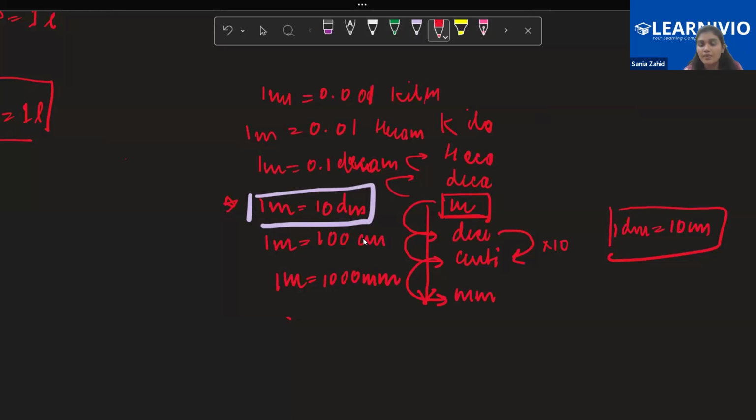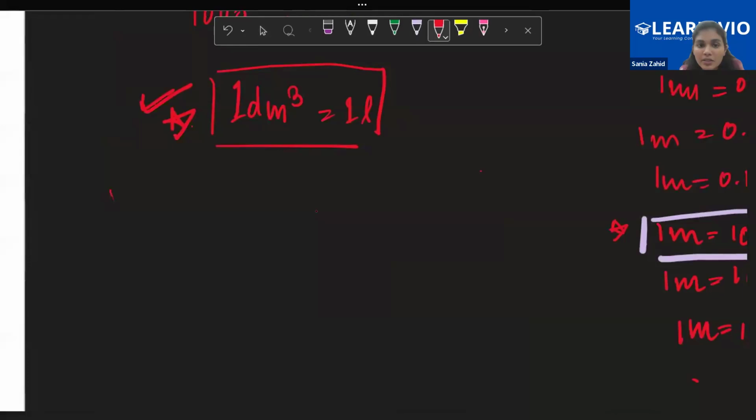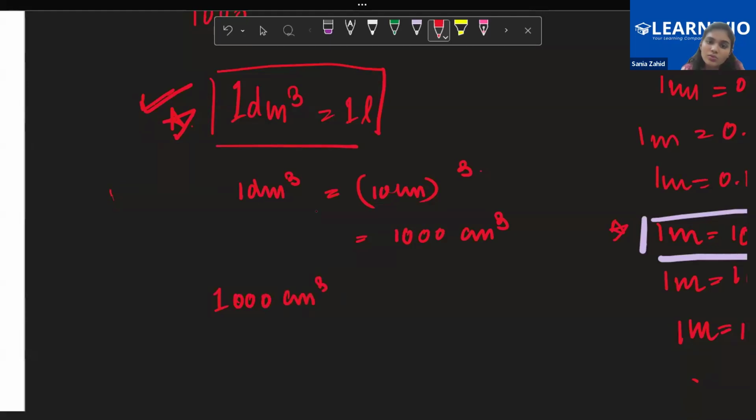So 1 decimeter cube will have how many centimeters? 10 centimeter, just do the cube. You get 1000 centimeter cube. So the answer is 1000 centimeter cube is equal to 1 liter.